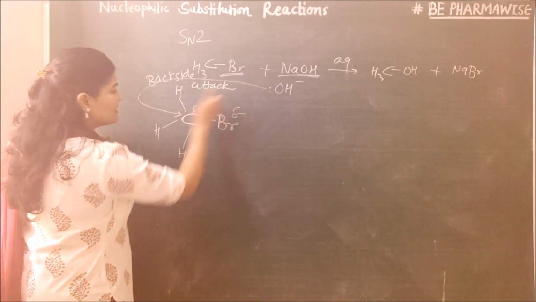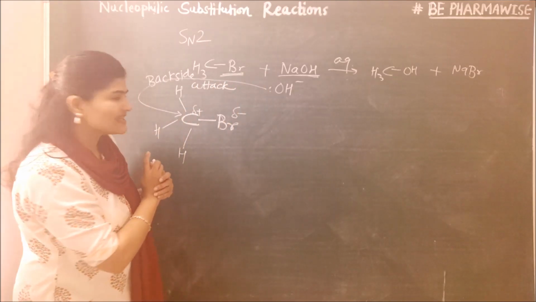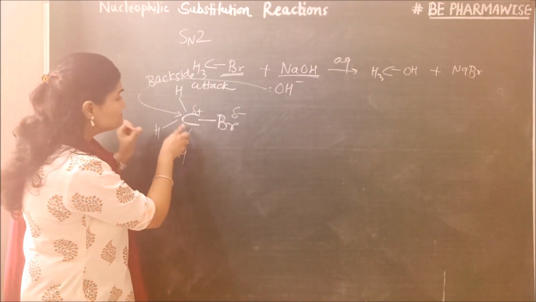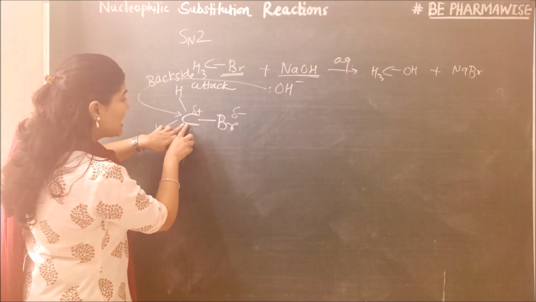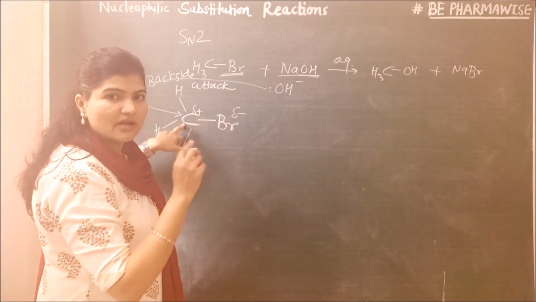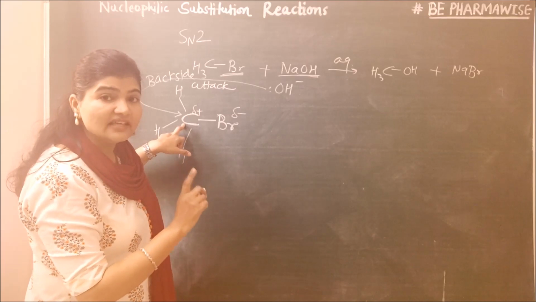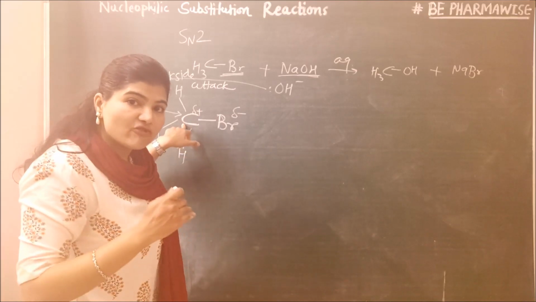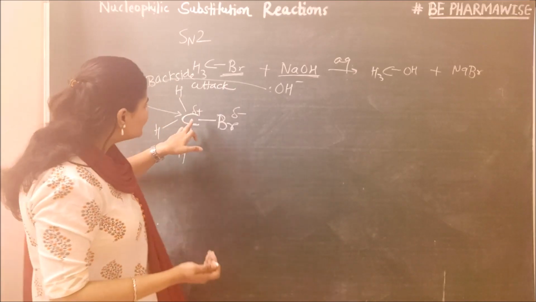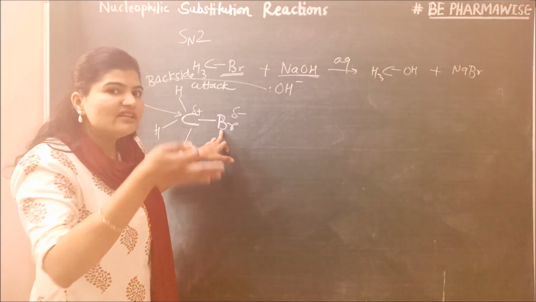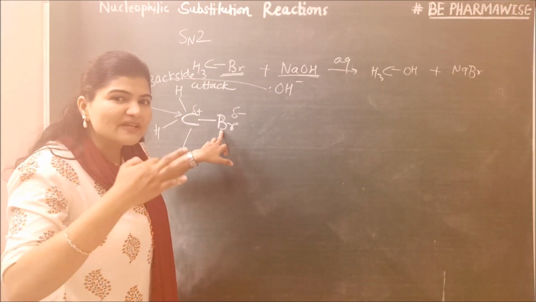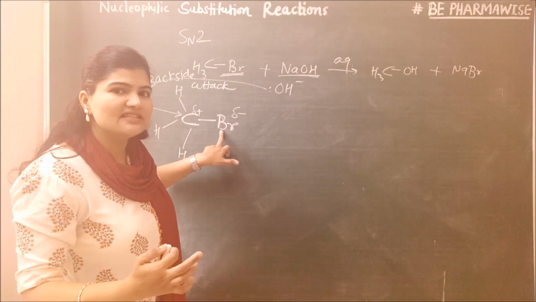Now when the OH minus comes and attacks from the backside of this carbon, what happens? Carbon and the hydroxyl ion are in the process of forming a new bond, and this carbon and bromine are in the process of cleaving or breaking the existing bond.